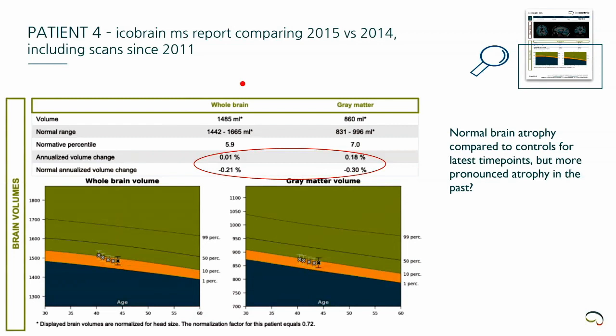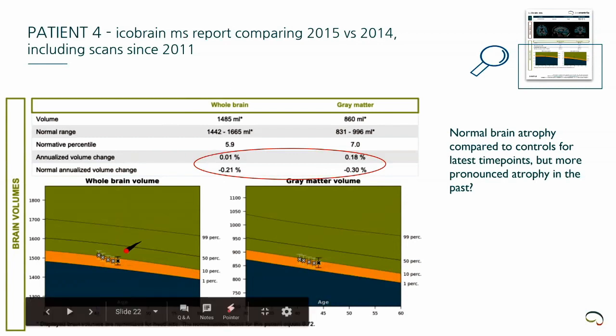And we see here that the brain atrophy seems to follow the lines of the normal controls. You can look at this a bit like you would look at a growth curve with the percentiles. And the last measurements seem to be following not a growth curve, but a percentile line, while the initial decrease in volume seemed to be more pronounced.